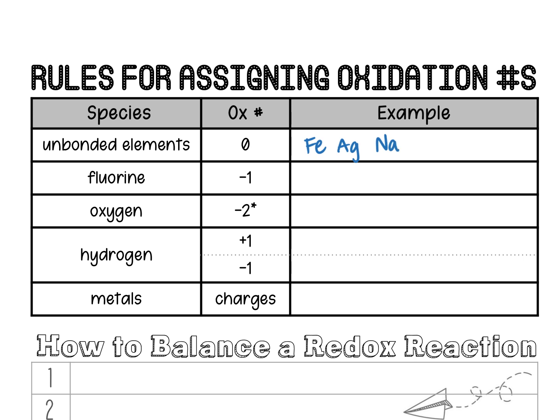Our diatomics are not bonded to other elements. Even though they are bonded to themselves, we still consider them non-bonded elements. So hydrogen would be an example, and chlorine would be an example. These are all going to have an oxidation number of 0.